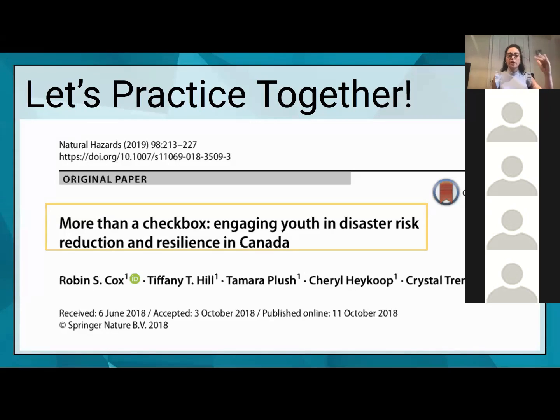You can see, okay, has Robin, for example, written any other articles on this topic that you can use for a paper? With the title, you can see what it's about. And a lot of times looking at the title, you can determine whether to move on with the paper and to get a lot of information about it as well.